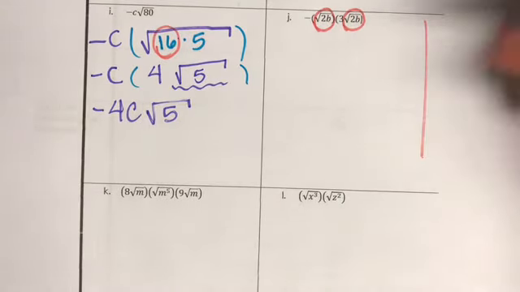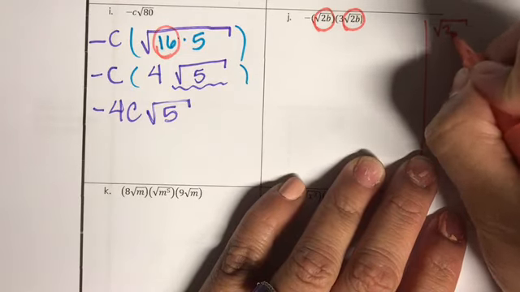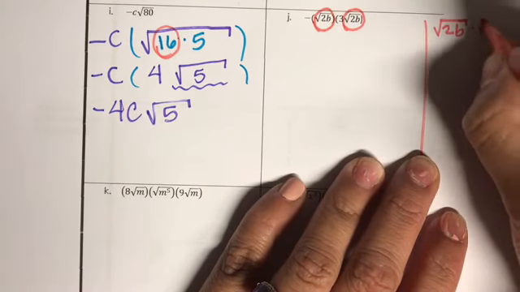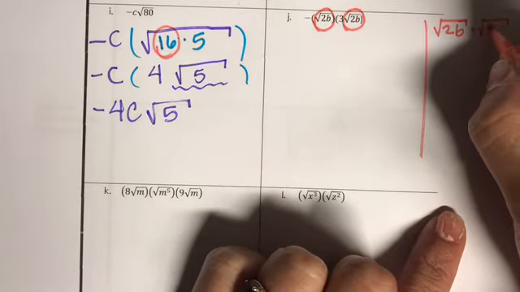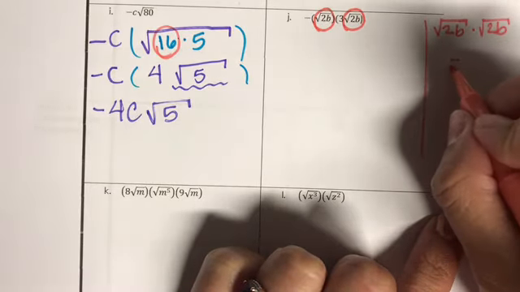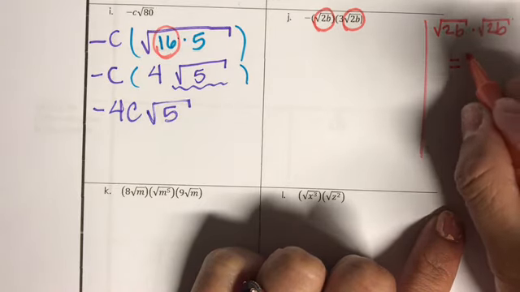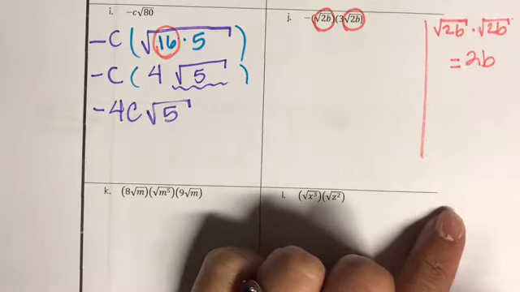So whenever you multiply two square roots that look exactly the same, you're going to have what's underneath it. So it's almost like they cancel each other out, so I'm just going to be left with 2b.